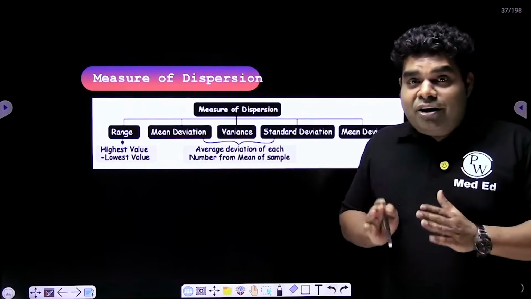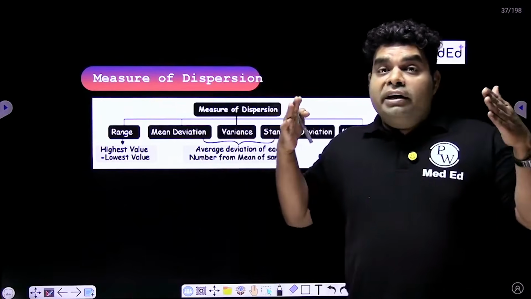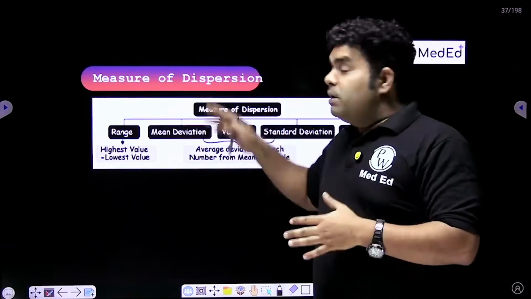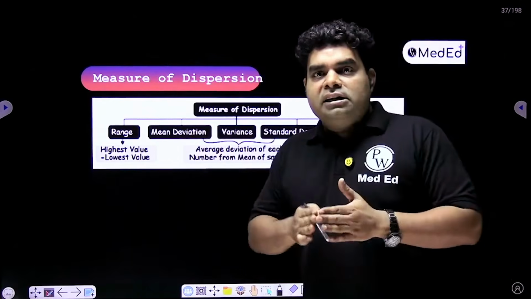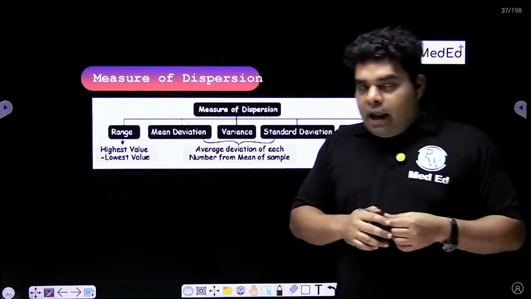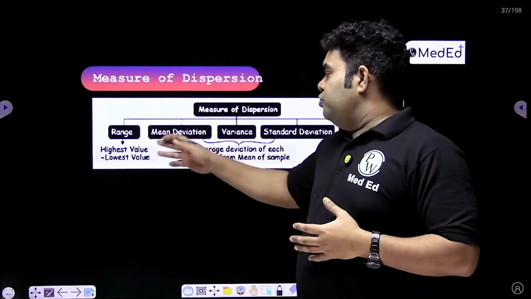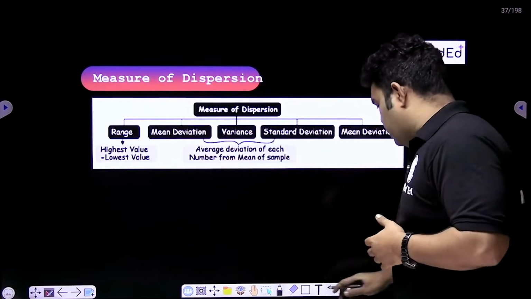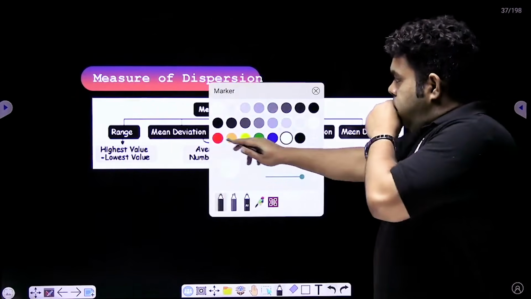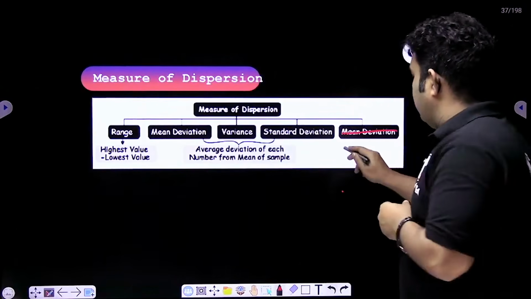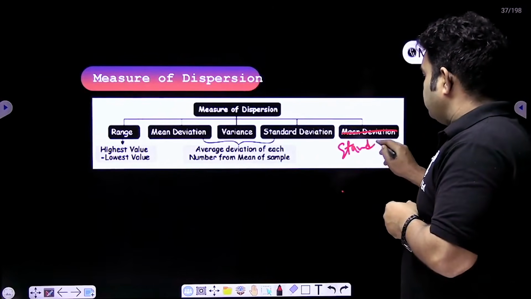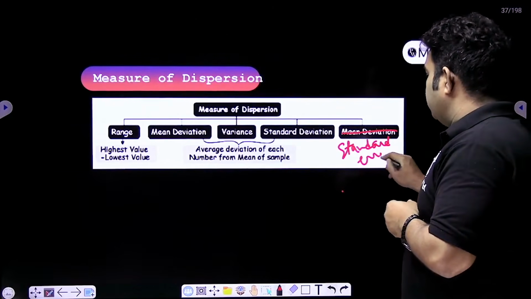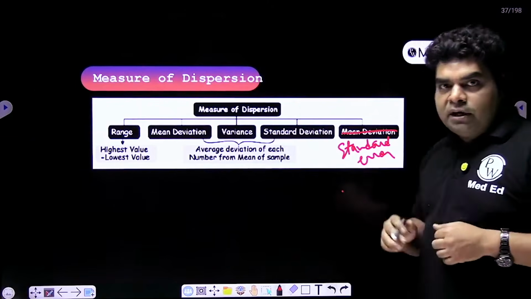So whether it's curd or it's data, we always want it to the point. We want dispersion to be less. Less is the dispersion, better is the quality of data. And to measure the dispersion, we use range, mean deviation, variance, standard deviation, and the last thing we measure is standard error. So these 5 things tell about measure of dispersion.